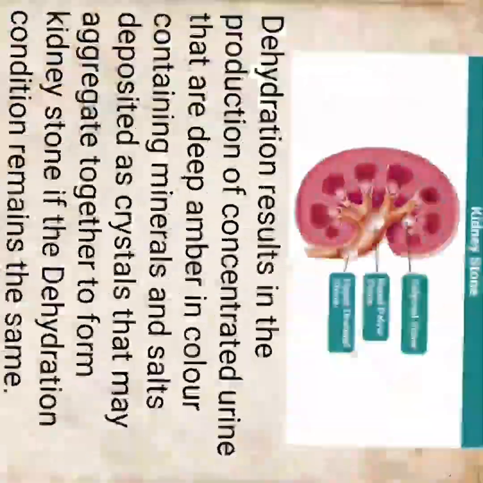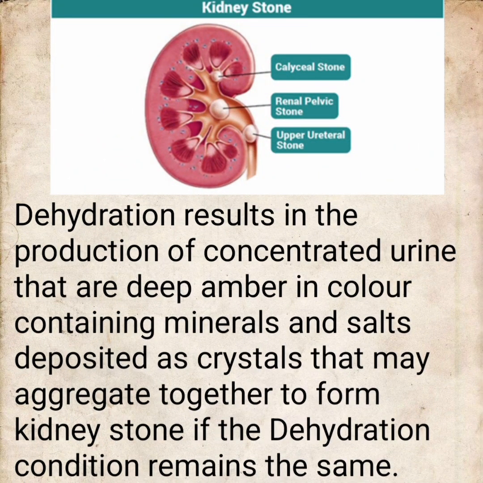It is a long process, but if you listen, you will understand. The kidney stone, you can see its table. These are the balls inside the kidney. Dehydration results in the production of concentrated urine that is deep amber in color, containing minerals and salts deposited as crystals that may aggregate together to form kidney stones if the dehydration condition remains the same.